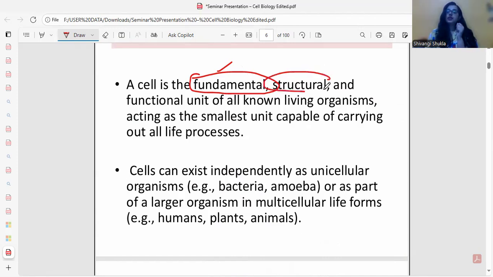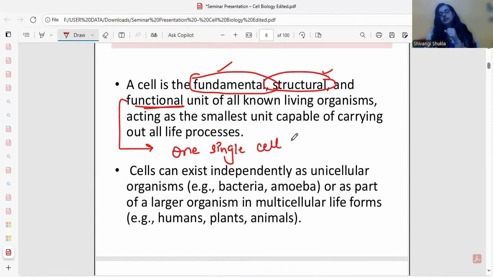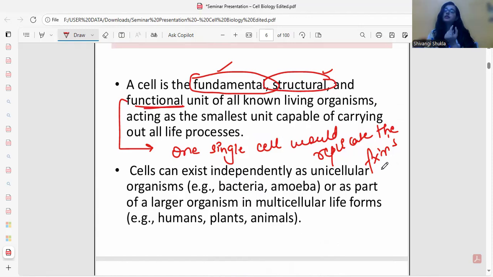Then it is the structural unit and functional unit, because one single cell replicates the functions of the entire human body. So that is why it is the functional unit also.